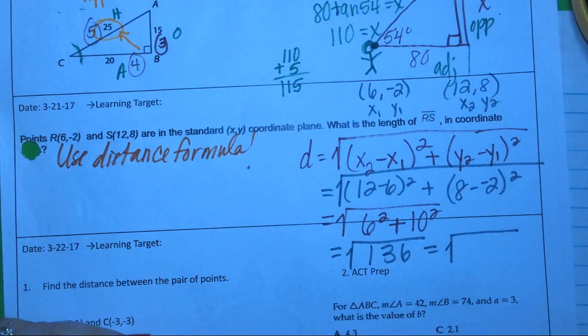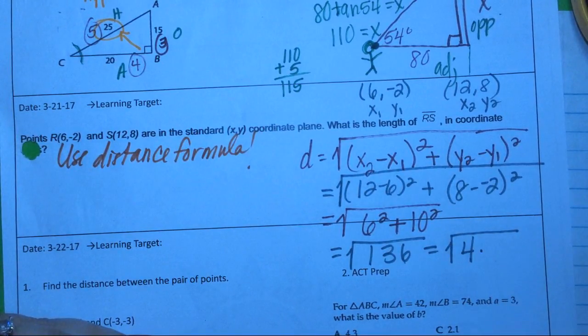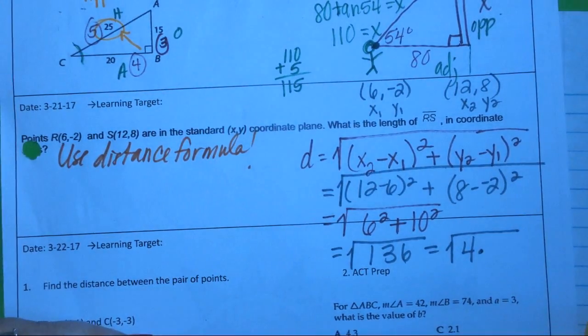What times what is 136? 2 is one of them, but 2 is not a perfect square. Pick a perfect square. 4 and what? 4 times 6 is 24. 4 and what? 64? Yes, thank you for someone with a calculator.